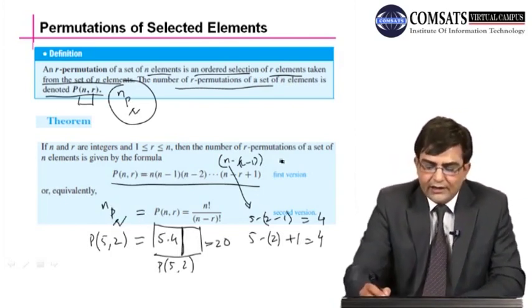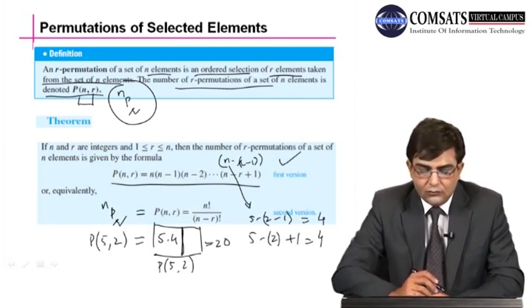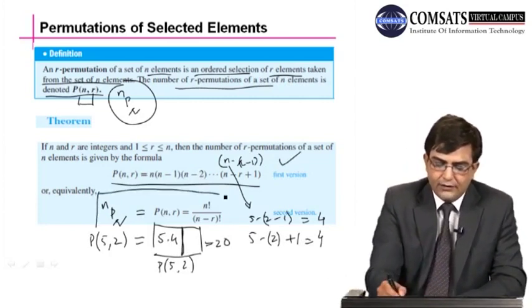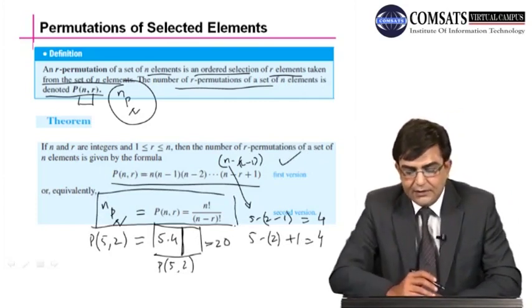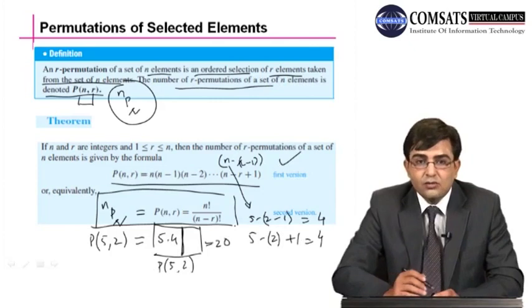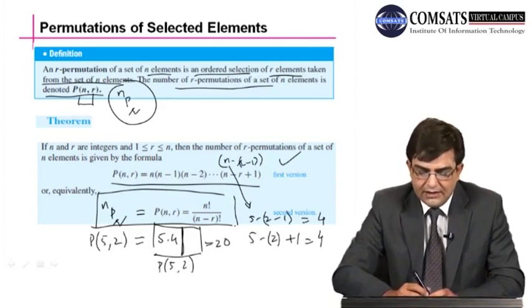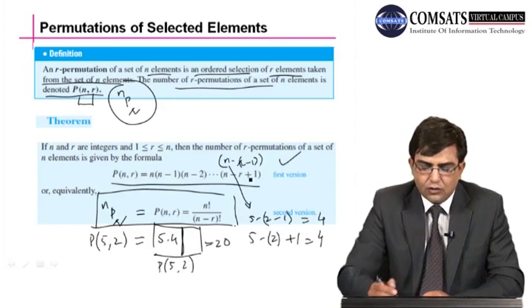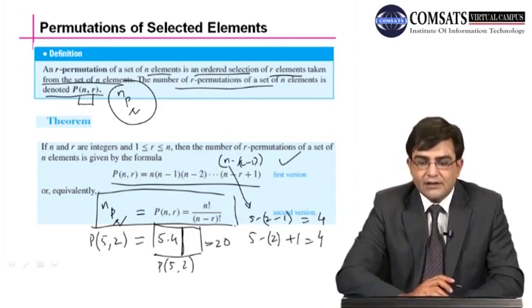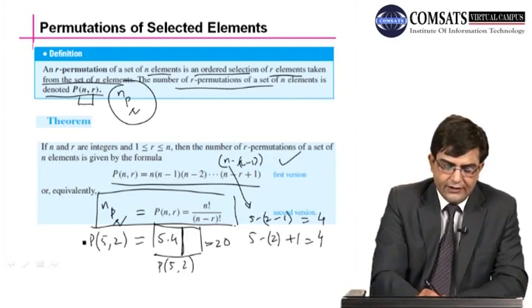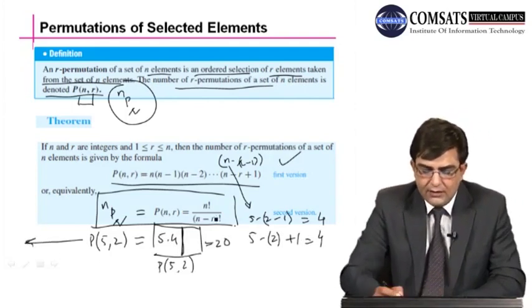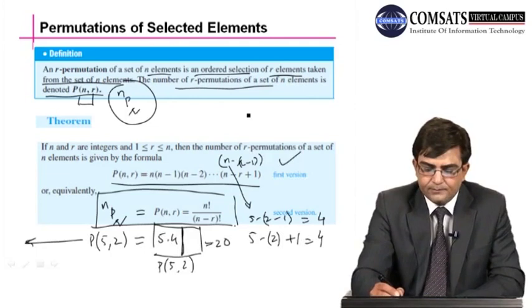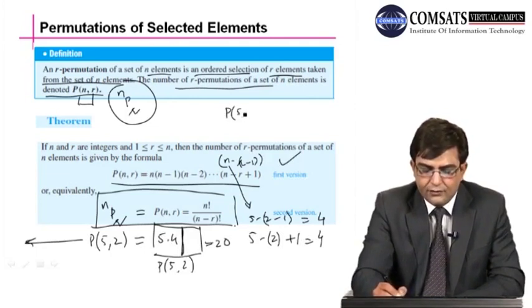So either we can calculate this, or the equivalent formula for calculating this is P(n, r) equal to n factorial over (n minus r) factorial. Both of these versions will give us the same answer. For example, if we have to calculate the same P(5, 2) by using this formula, then this will be 5 factorial over (5 minus 2) factorial.